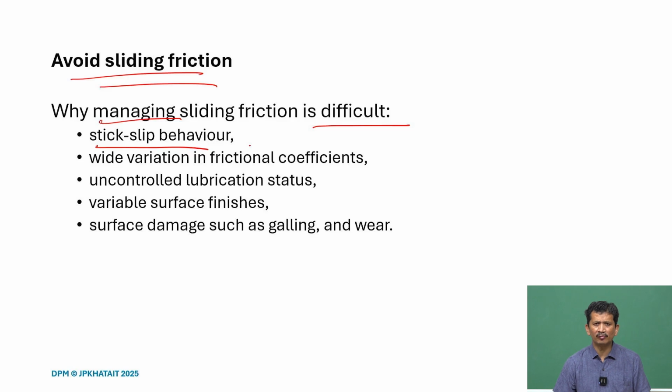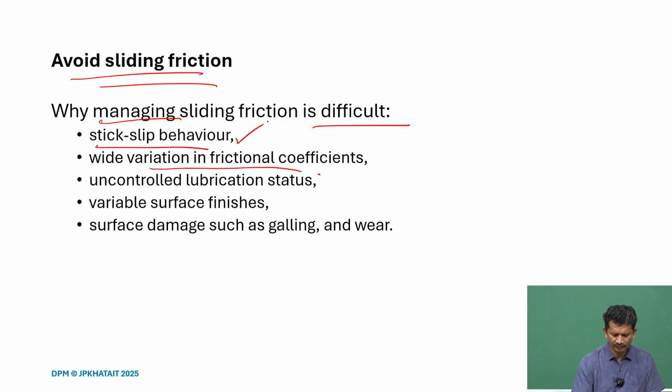This stick slip behavior is predominantly there because of different values for the coefficient of friction, when it is static and when it is moving. The difference between the static and the dynamic coefficient of friction gives rise to this kind of behavior, and the moment we encounter stick slip behavior, it is very difficult to achieve any kind of precision.